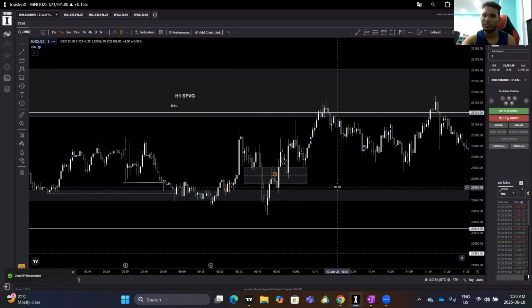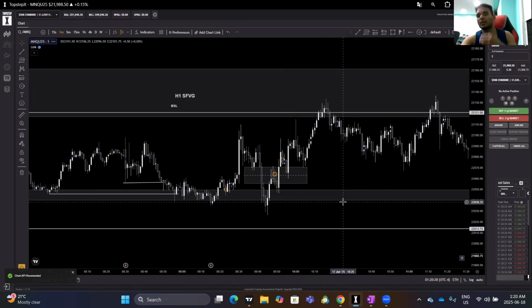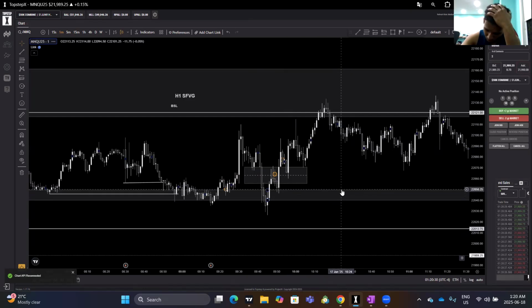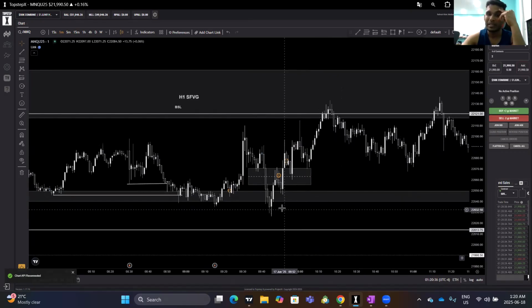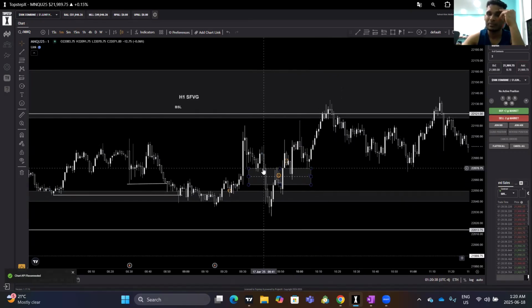In 15 minutes, it's still a model: structure shift, big displacement, price still inside the M15 fair value. So we can expect the price to go higher because there is a lot of liquidity out there. He's clearly identifying it. At this point he's not even looking for short. He just waits for this value to flip.